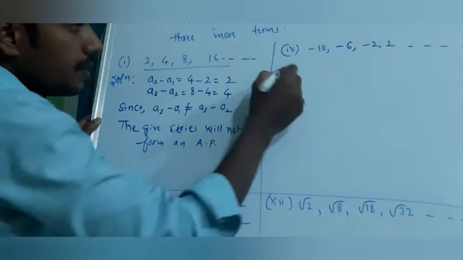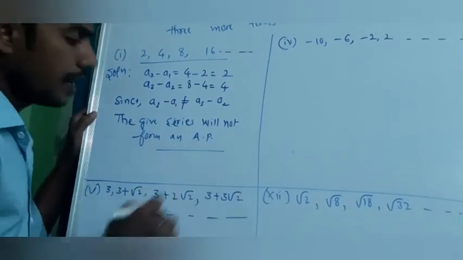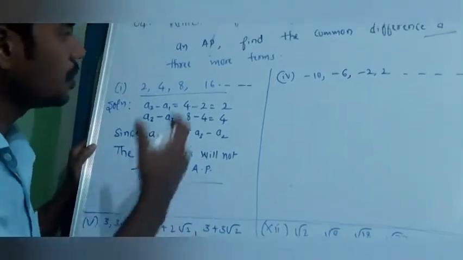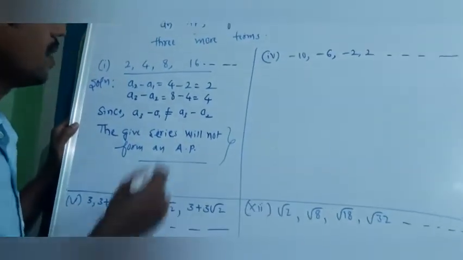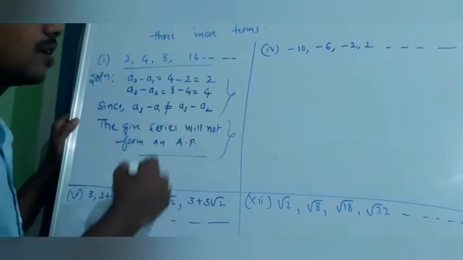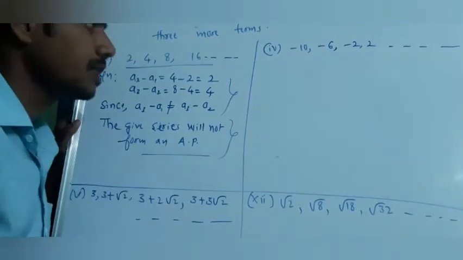If it were making an AP, then we should go for 3 more terms. But this sequence will not form an AP because the common difference D is not constant here. So we should stop at this point itself.